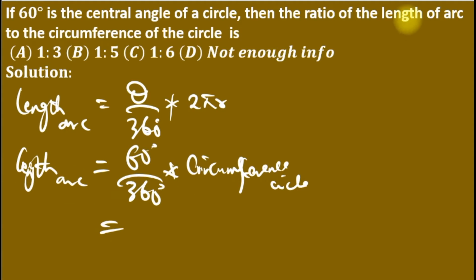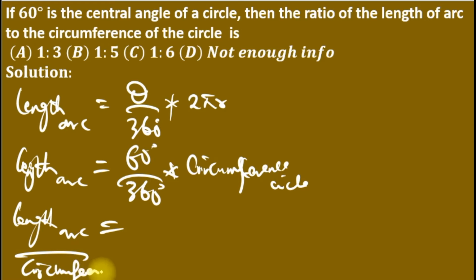We are asked to find the ratio of length of arc to the circumference, so bringing the circumference of the circle to this side, we have length of arc over circumference of the circle is now 60 over 360.